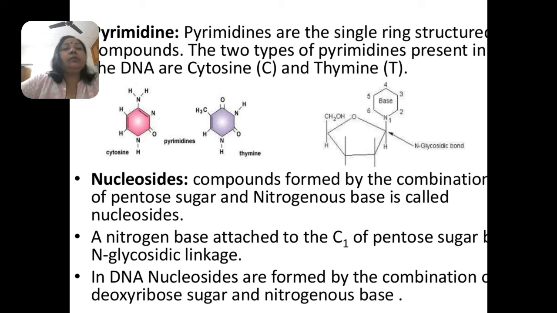After the composition of these things, we make nucleosides, the compounds formed by the combination of pentose sugar and nitrogenous base. Two things are there: a nitrogenous base attached to the C1 of pentose sugar, and a glycosidic linkage. In DNA, nucleosides are formed by the combination of deoxyribose sugar and nitrogenous base.